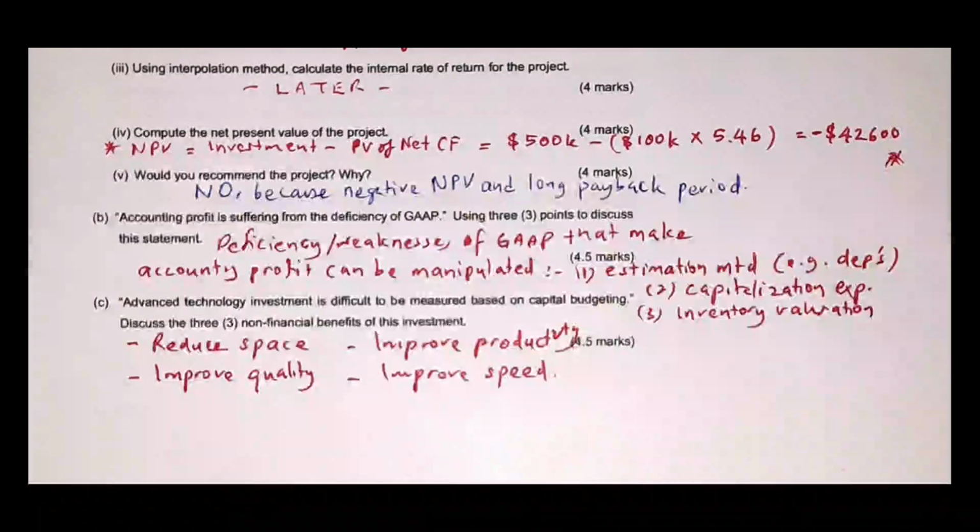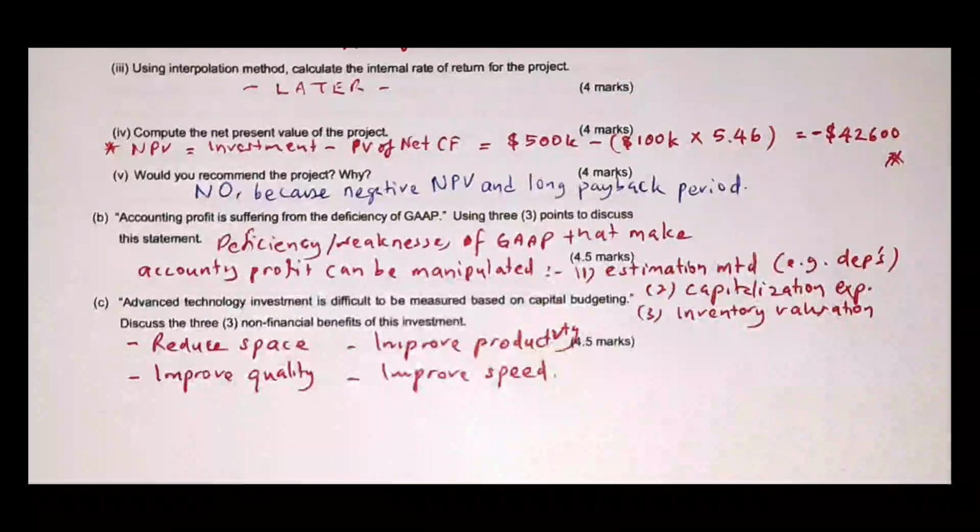Okay, the last one is: advanced technology investment is difficult to be measured based on capital budgeting. Discuss the 3 non-financial benefits of this investment.